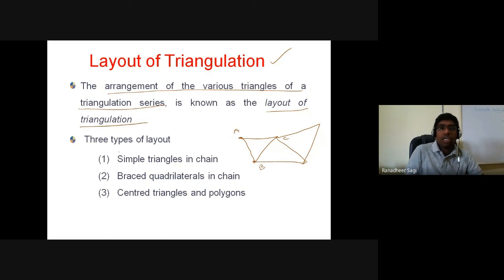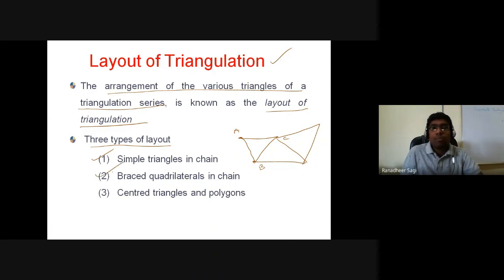Now, how do we prepare the layout of triangulation for the region in which you are carrying out your survey? The layout is done in three different ways. One is by simple triangles in the form of a chain. I'll show you what that means in the next couple of slides.